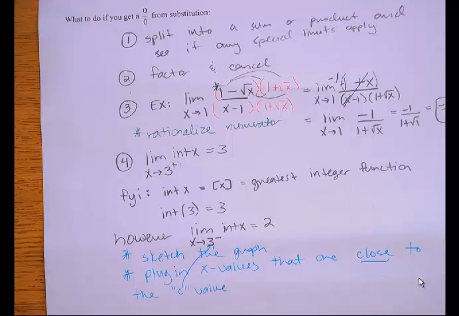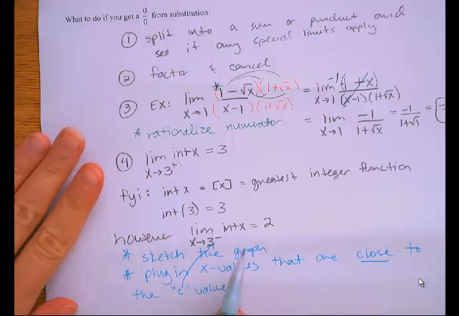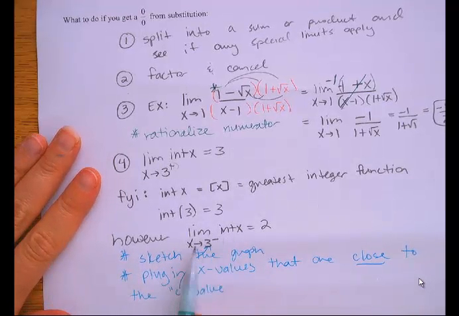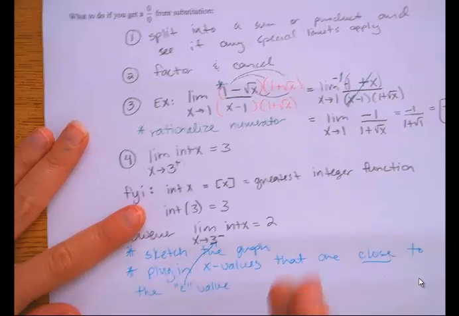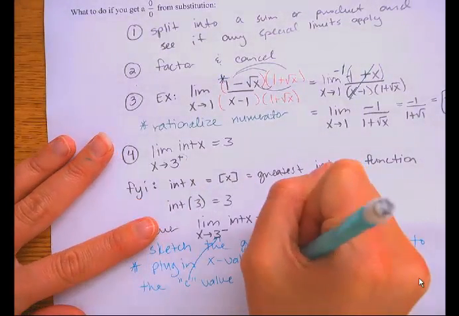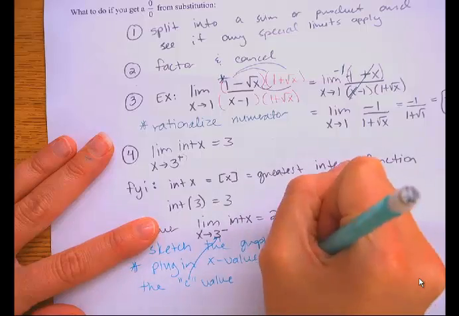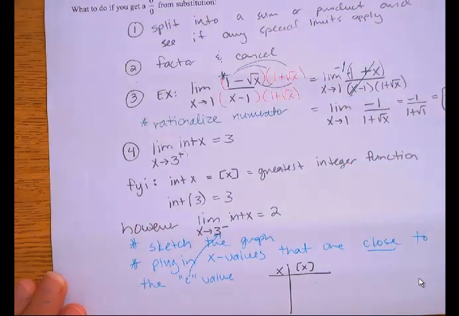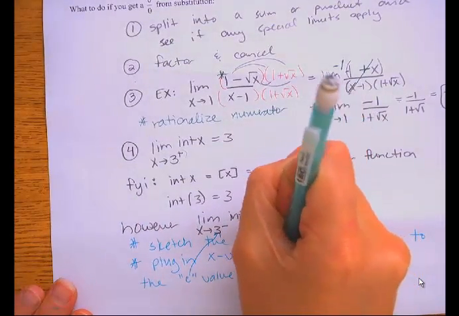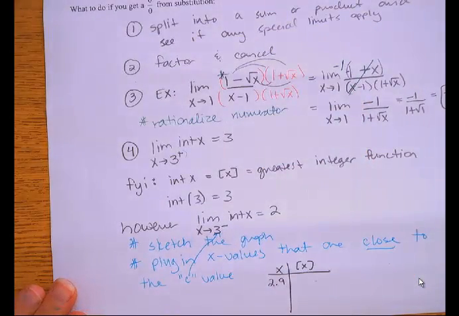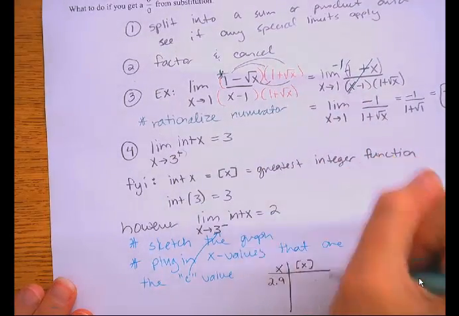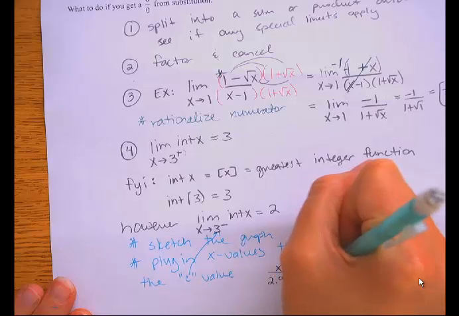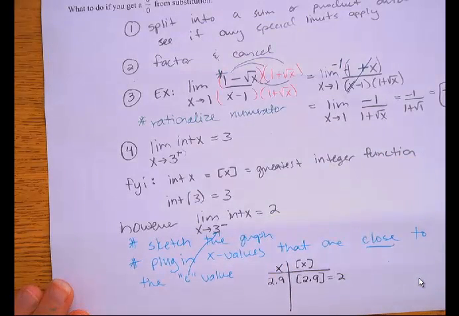So let's say you don't know how to sketch the graph of INTX, but you remember what it means, and you're approaching 3 from the left, so you might want to make a little table here. And you could say, all right, well, what happens at 2.9? That's really close to 3 on the left. Well, if I plug that into the greatest integer function, that would actually round it down to 2, because 2 is the greatest integer not greater than 2.9.